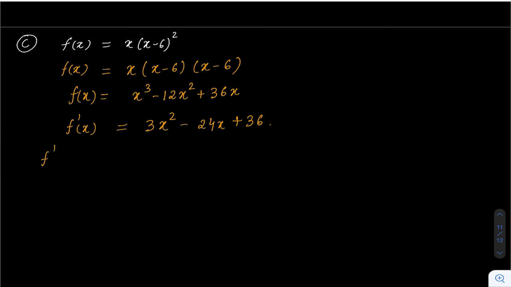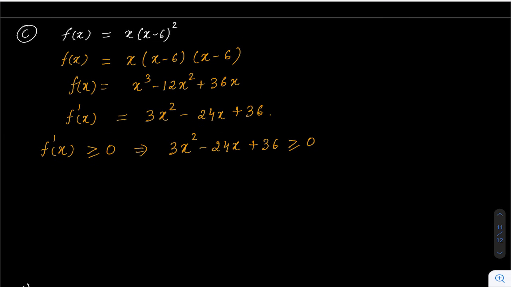So now I need my f dash x to be greater than or equal to 0. So 3x square minus 24x plus 36, this value should be greater than or equal to 0. Now let's simplify this. 3 I can take common, so I am left with x square minus 8x plus 12.